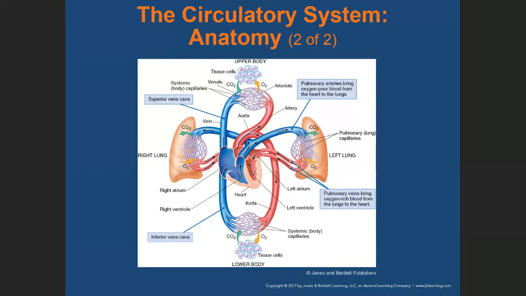The function is pretty straightforward for these components. It's not very complicated at the EMT level in terms of what you're required to understand.